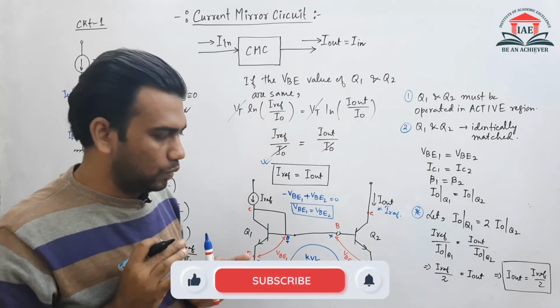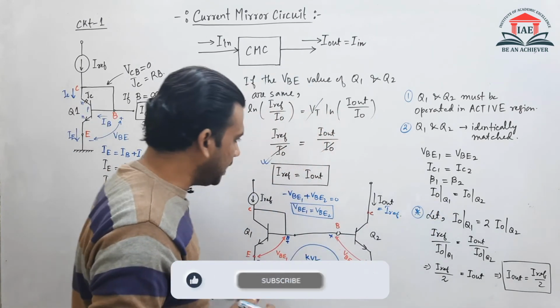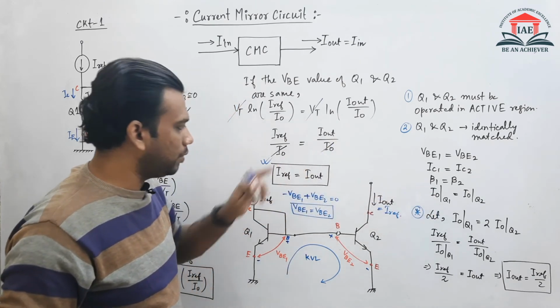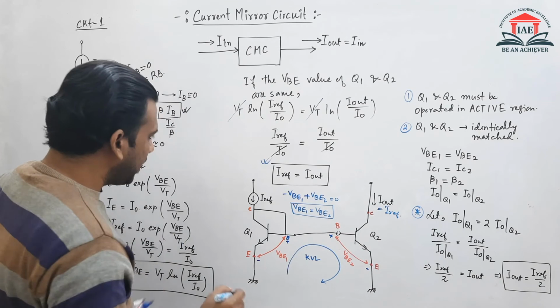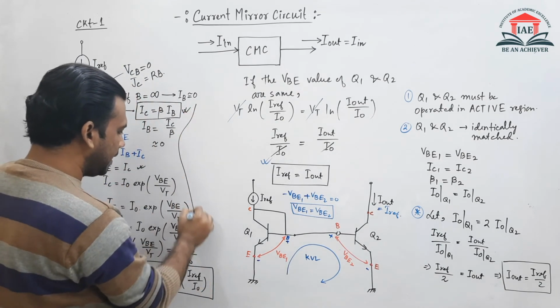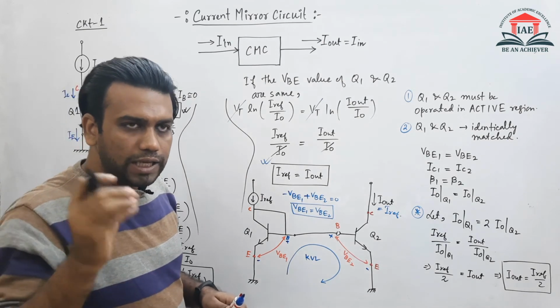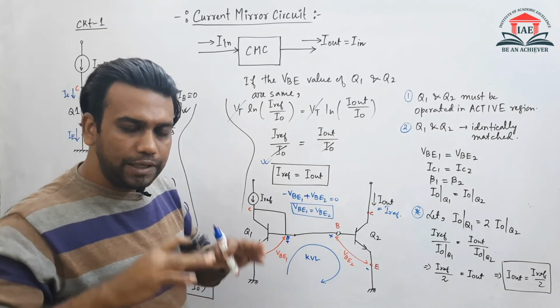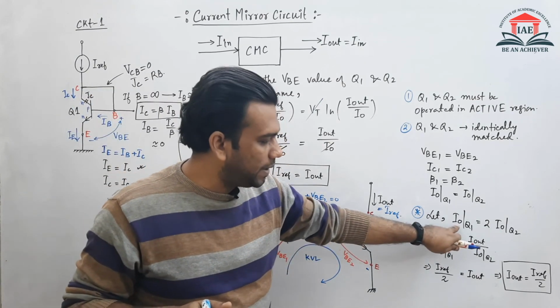Another important thing to note down: this reverse saturation current I0 किसके ऊपर डिपेंड करते हैं ट्रांजिस्टर में? Actually, the reverse saturation current of a transistor depends on the emitter junction area. Emitter junction का जो एरिया होता है उसके ऊपर मेरा ये I0 डिपेंड होता है.